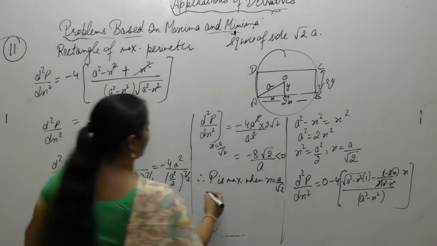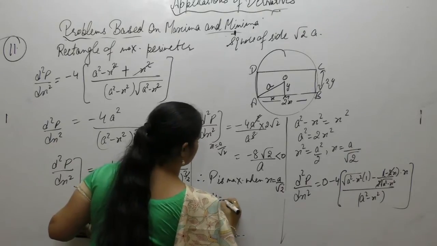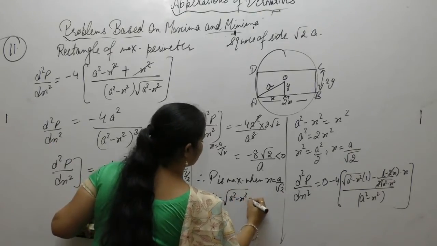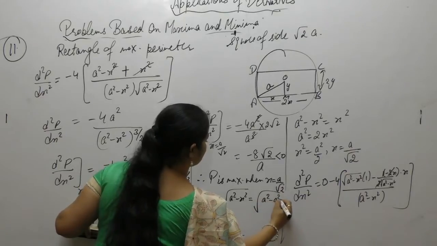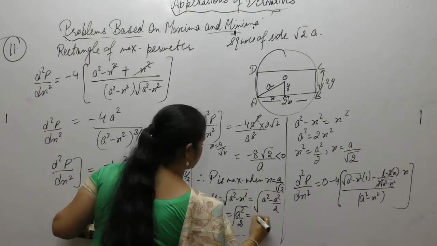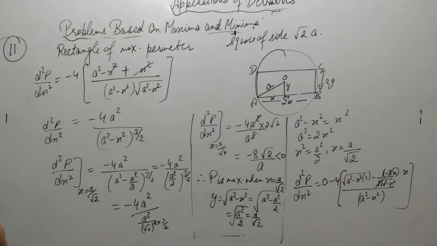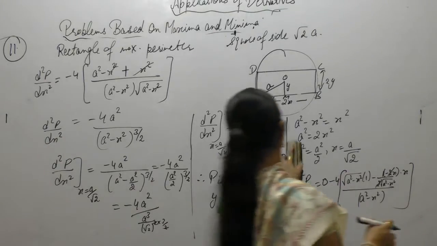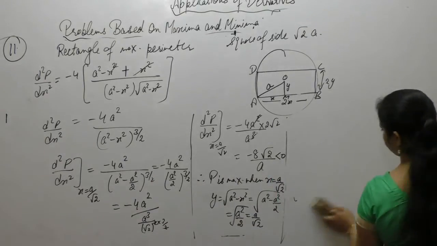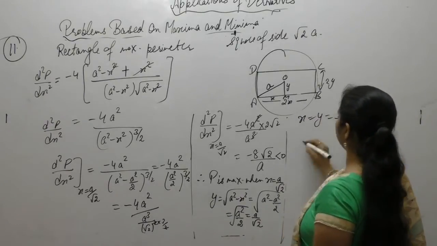When x is equal to a upon root 2, then y is equal to a square minus x square. x square is a square by 2. So y is a upon root 2. x is equal to y.